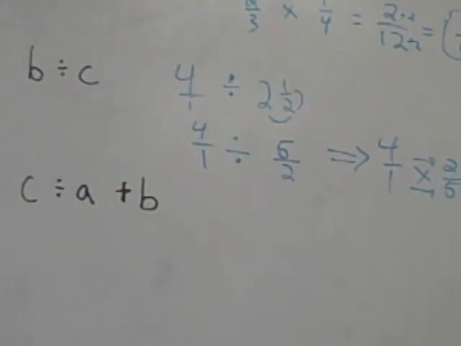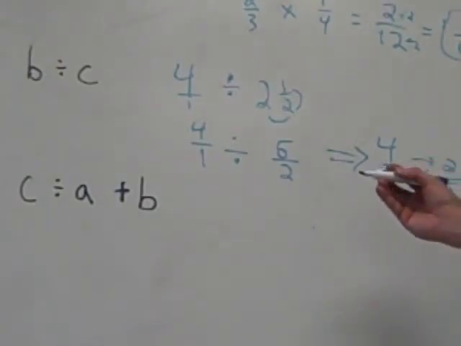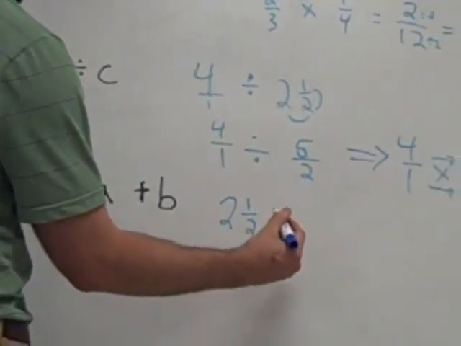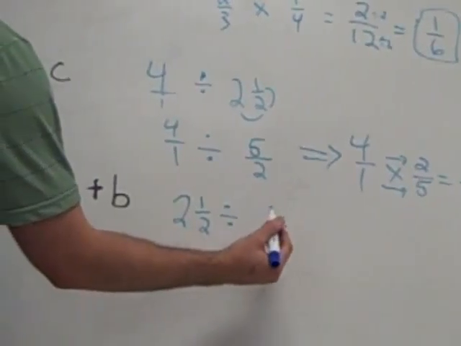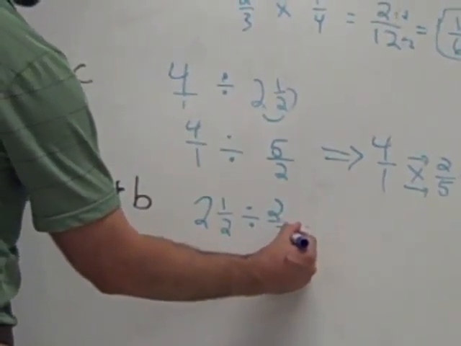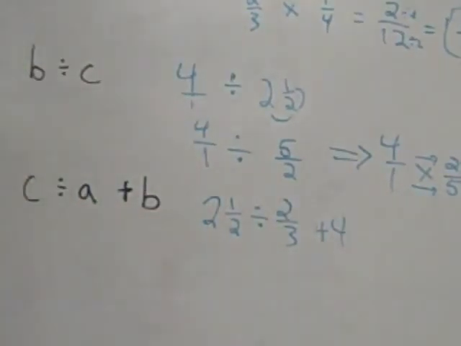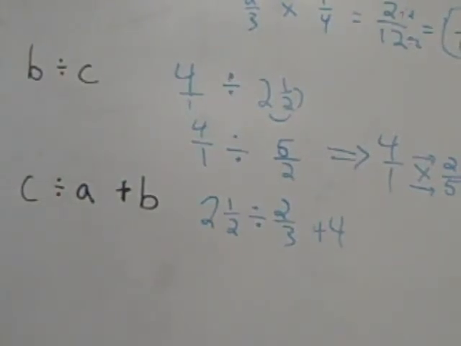Last one. C divided by A plus B. So C is 2.5 divided by 2/3, and then plus 4. What do you want to do first? PEMDAS, right? So what does PEMDAS say that we do first? Is there any parentheses? No. Exponents? No. Multiplying?